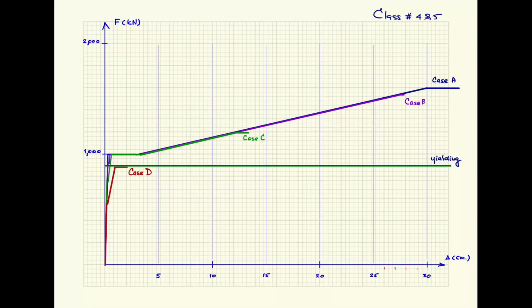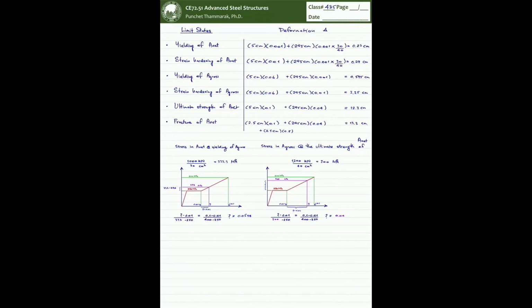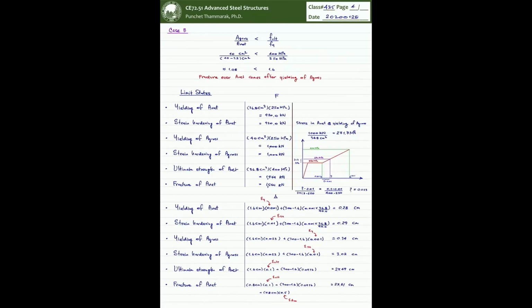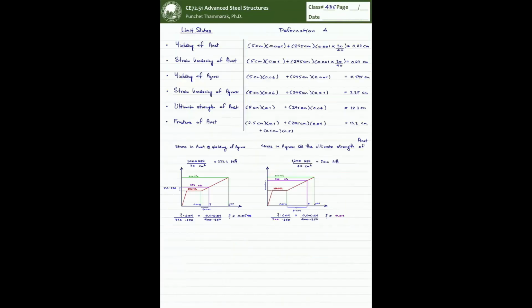Now we write the fracture control mode. So for case B, the ultimate is 1544. 1544 multiplied by 0.75, you get 1158.